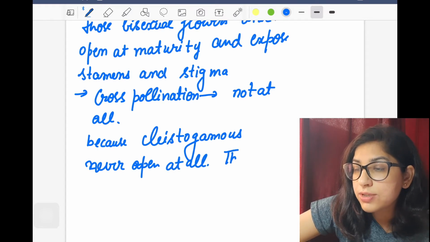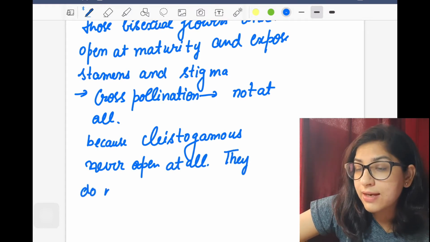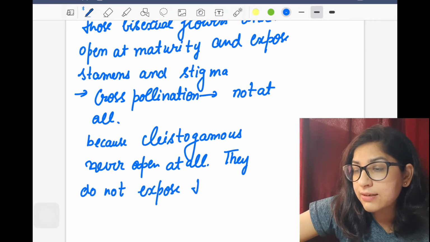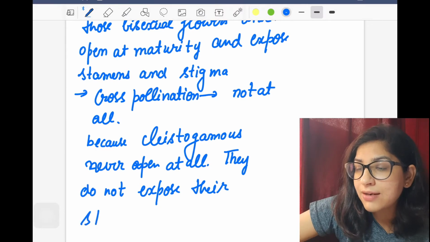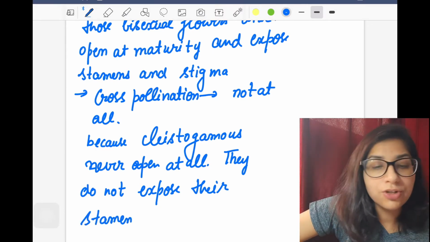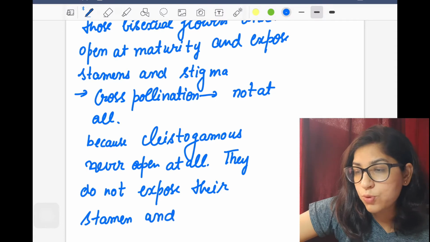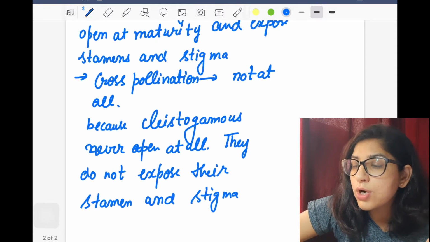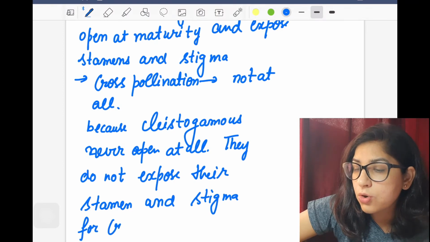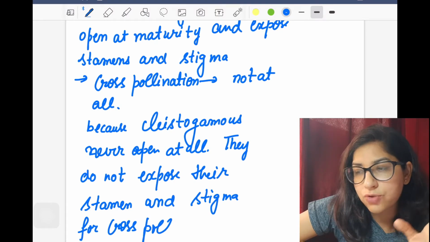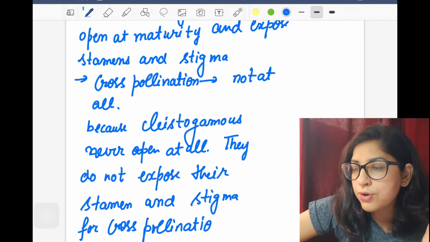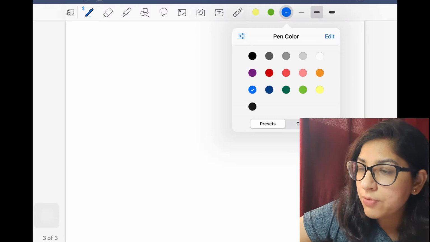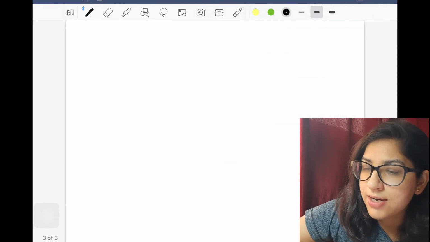They do not expose their sex organs, their stamen and stigma, right? They do not expose them. If stamen and stigma do not come out, then there are no chances for cross pollination. So the first question is clear to all of you: what are Chasmogamous flowers, and why Cleistogamous flowers cannot show cross pollination.